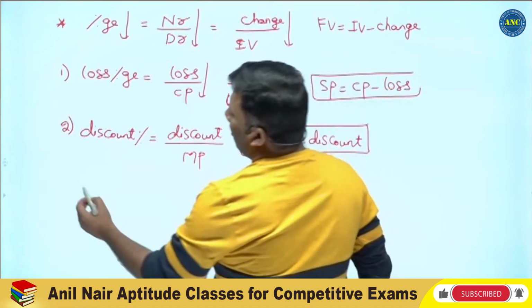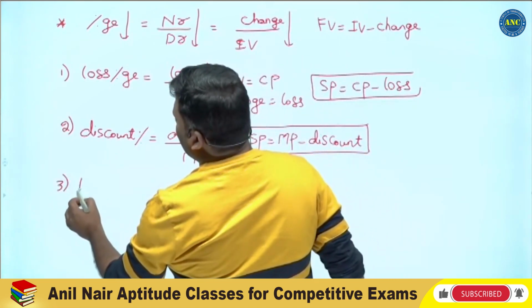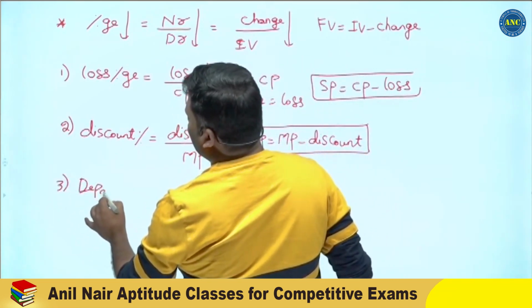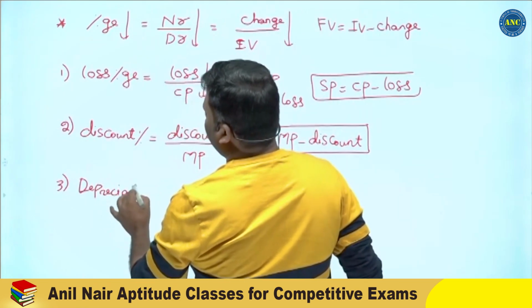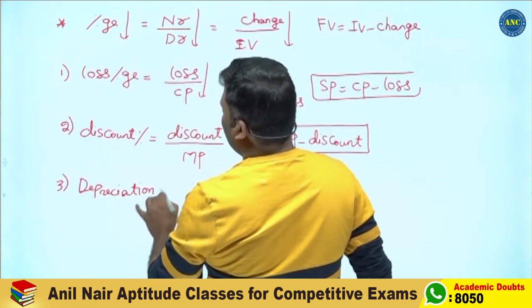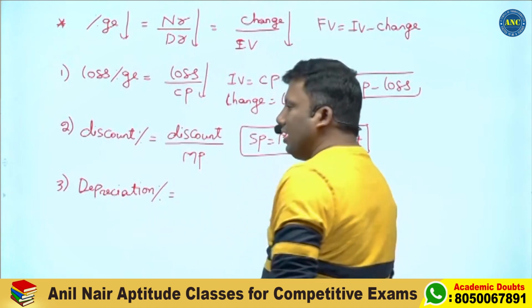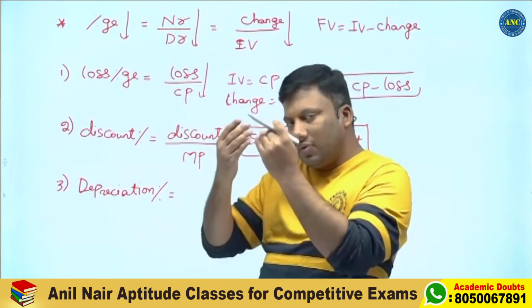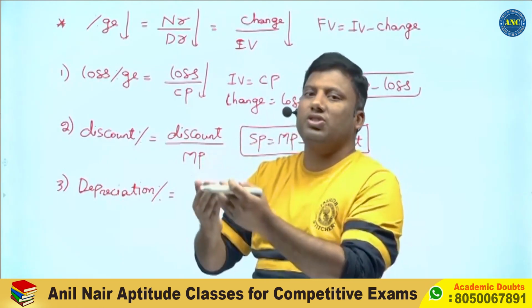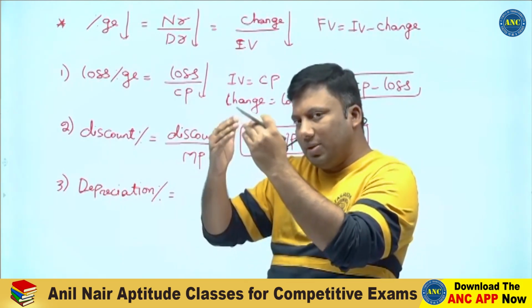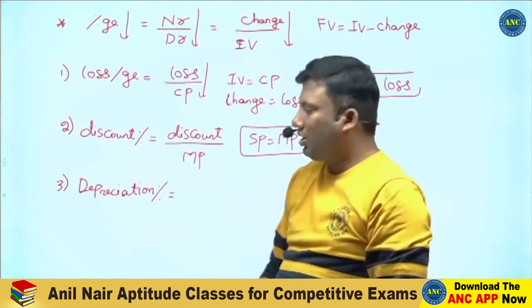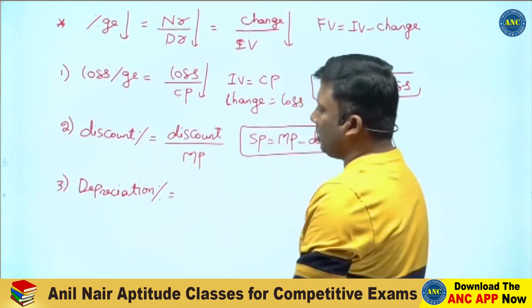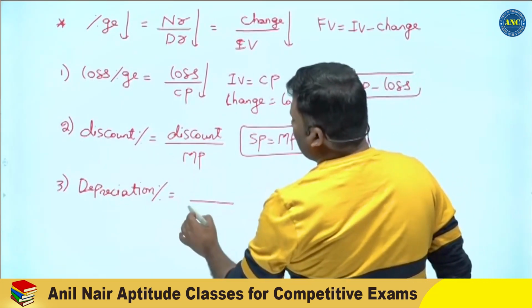There is another important keyword that will come in simple interest and compound interest, that is depreciation. The value of a dollar went down. Initially you purchased a course at X rupees. Because of the market trend, that value got down. That is depreciation.